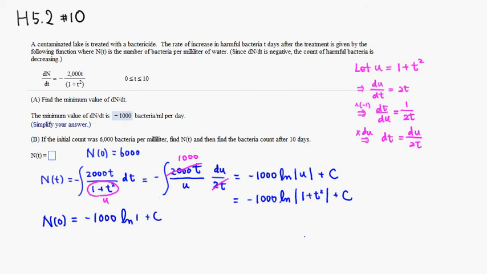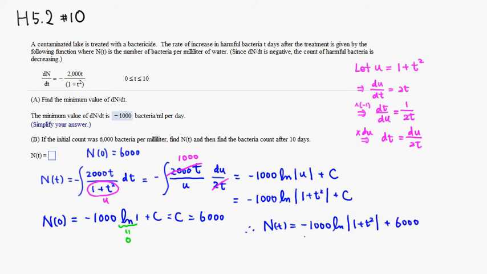Remember that the natural log of 1 is 0, so it's just going to be c, which is equal to 6000. So therefore, N of t is this function, negative 1000 natural log of absolute value of 1 plus t squared, and we found out that c is 6000.